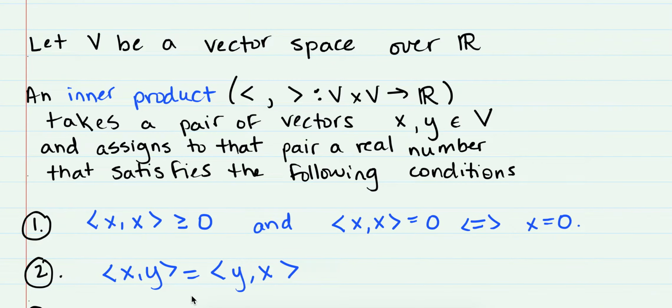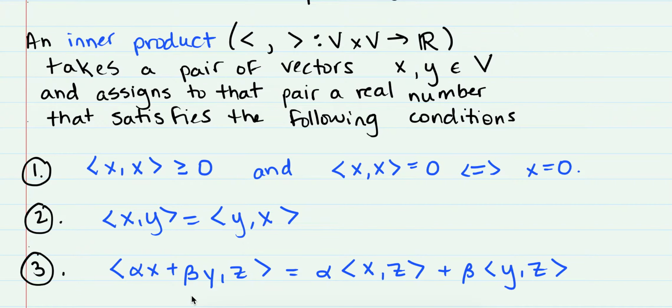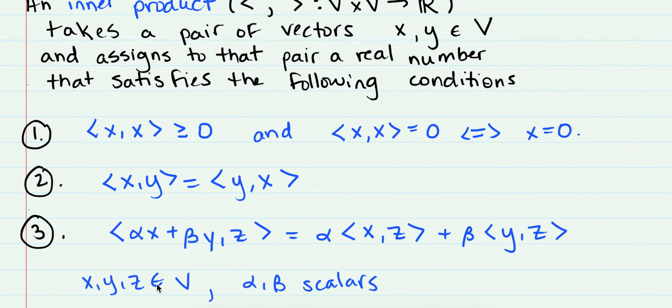The second property is that the inner product is symmetric. If you take the inner product of x with y, you're going to get the inner product of y with x. The last property is that if x, y, and z are vectors in your vector space, and alpha and beta are two scalars, then if you take the vector alpha times x plus beta times y and take the inner product of that vector with z, you get the inner product of x with z times alpha plus the inner product of y with z times beta.